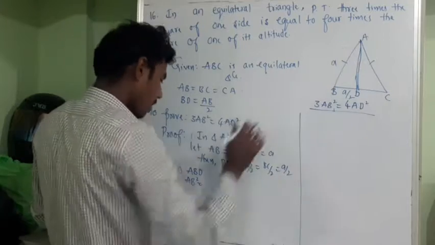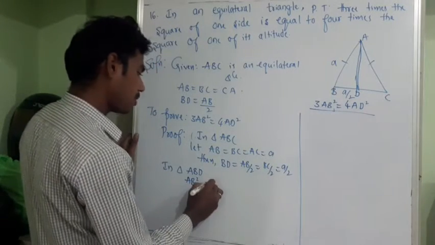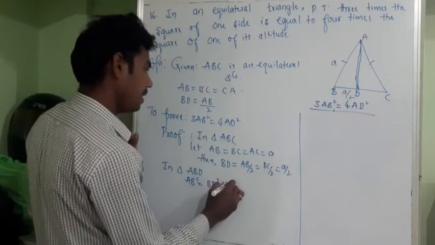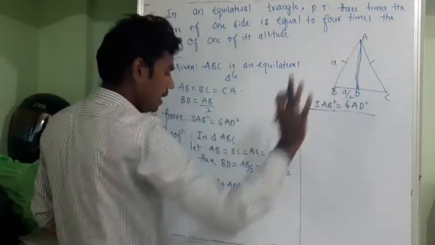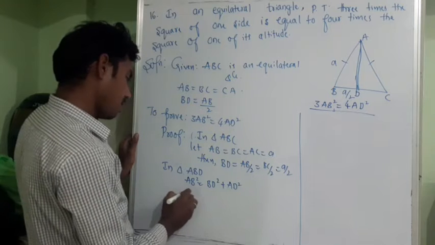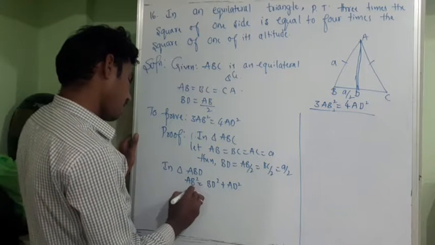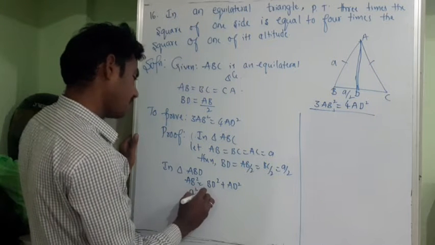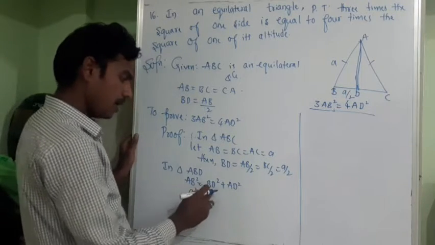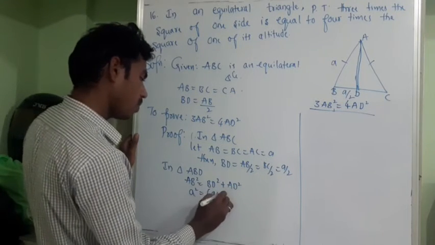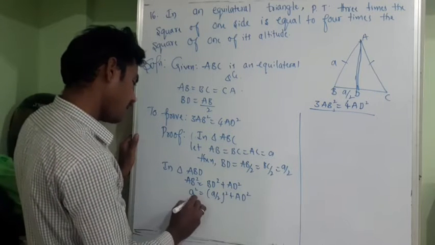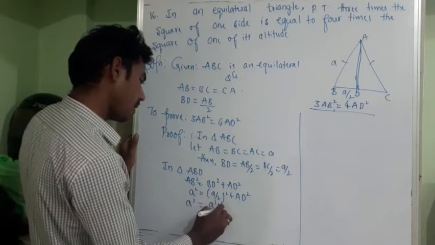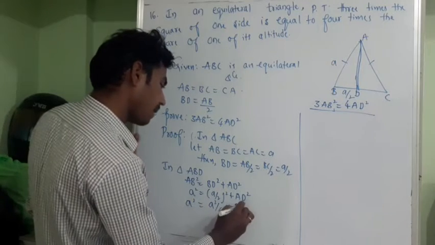That is the reason AB square will be equal to BD square plus AD square. AB square is nothing but A square, BD square is nothing but A by 2 whole square, plus AD square. So A square is equal to A square divided by 4 plus AD square.